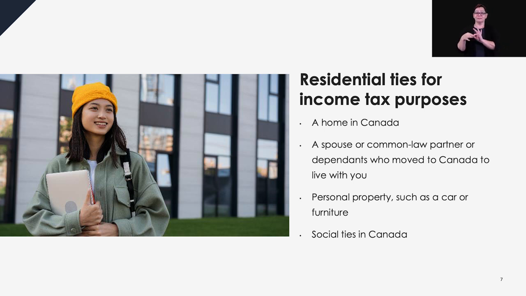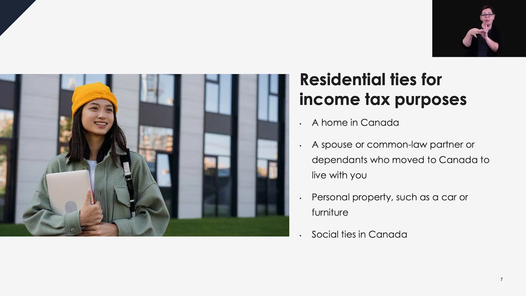Residential ties may include a home in Canada, for instance, if you own or rent a home in Canada for personal use, a spouse or common law partner in Canada, or dependents who move to Canada to live with you, personal property such as a car or furniture, or social ties in Canada like enrollment in sports activities, being a member of a religious organization, or having memberships to recreational activities such as a gym, school association, or library.